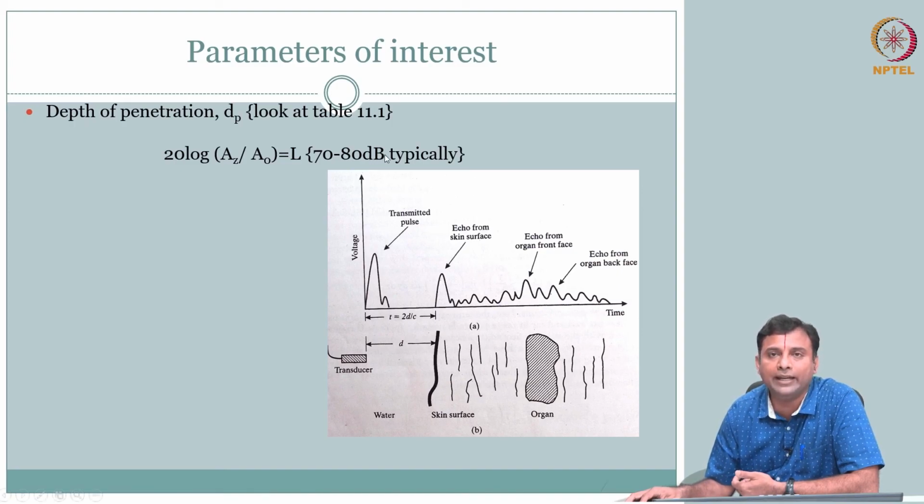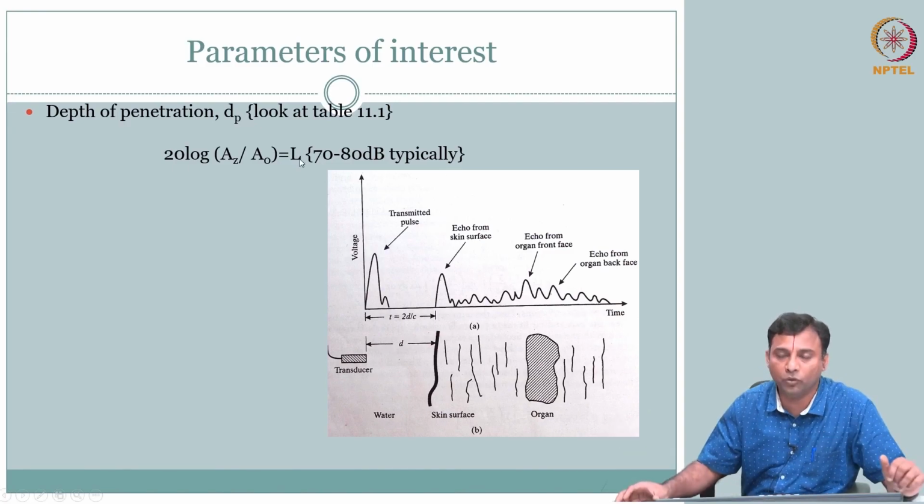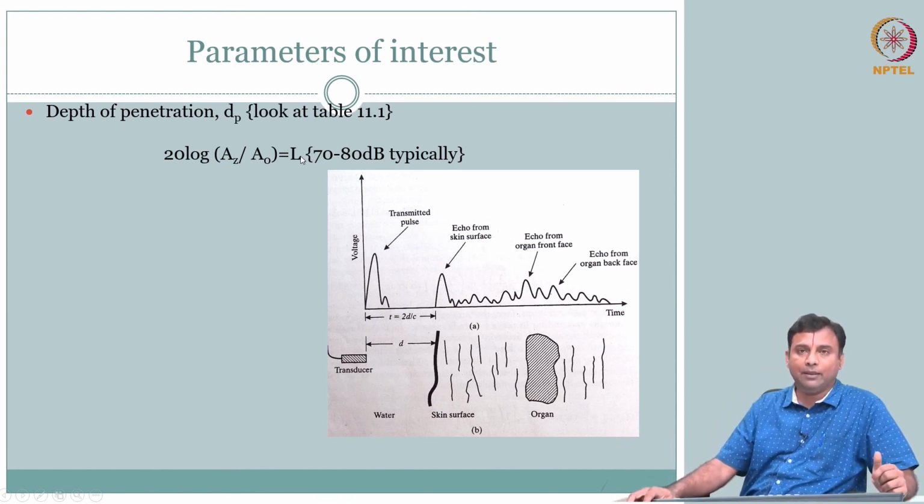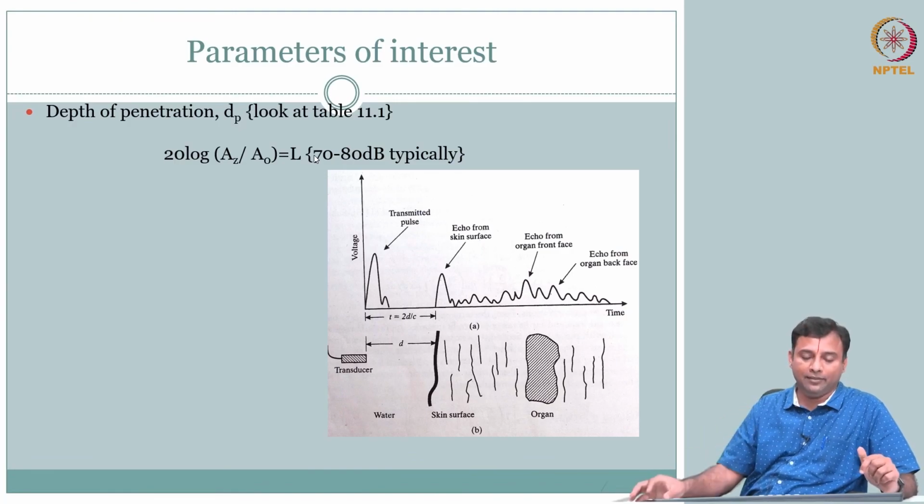If it goes below 80 dB, then it becomes futile. So if you talk about L, it is the length over which some loss is happening, and this loss until 80 dB, for example, is recoverable, that is, you can give the gain.